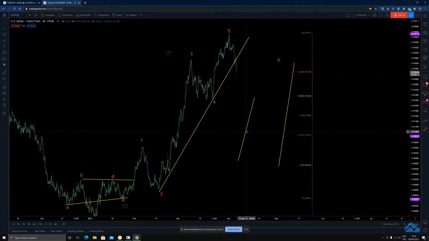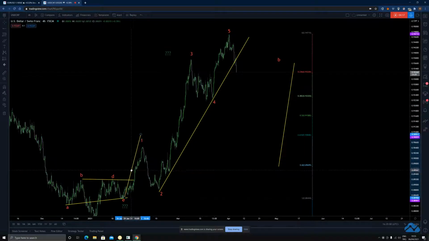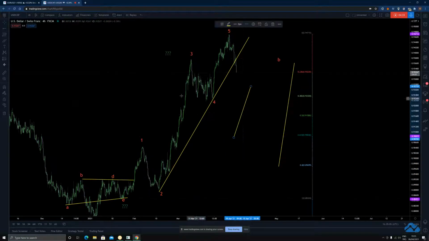So how to find the extension is, let's check the length of the first wave, it is this much. Let's measure the length of the fifth wave. Okay, so here it is. As you can see, the fifth wave is larger, and we can see that the third wave is the largest.